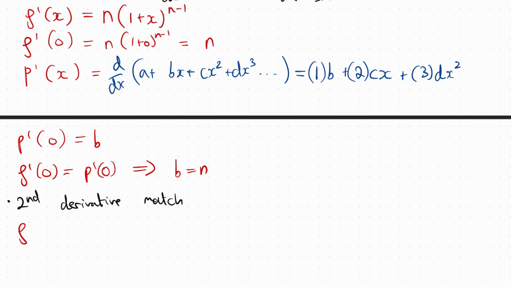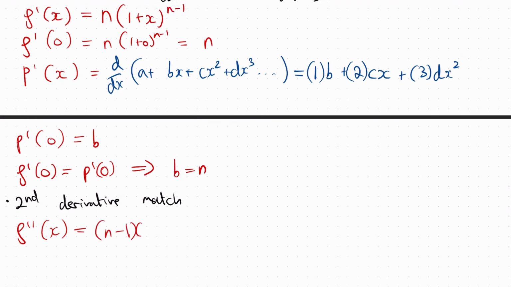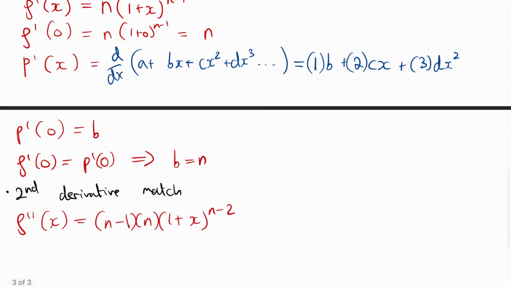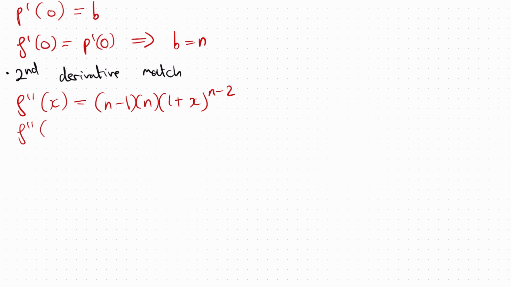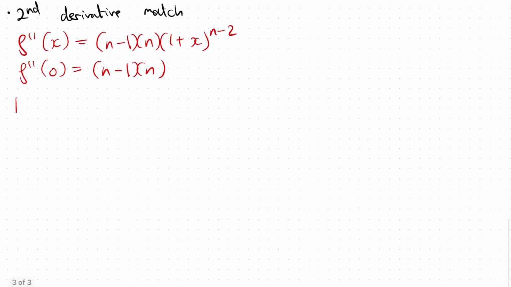Obviously, take the double derivative of f, and that's just going to be, again, move this down there, so n minus 1 times n times 1 plus x to the n minus 2, and evaluate that at 0. This is going to go to 1, so this entire thing is going to become 1, which is just going to leave n minus 1 times n. And let's do the same process for p double dash.